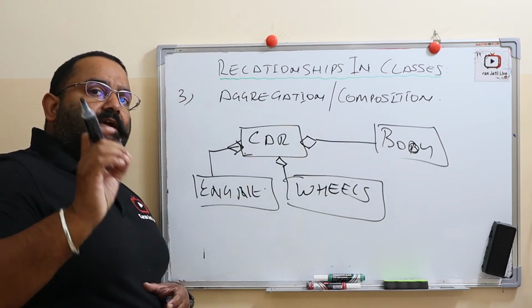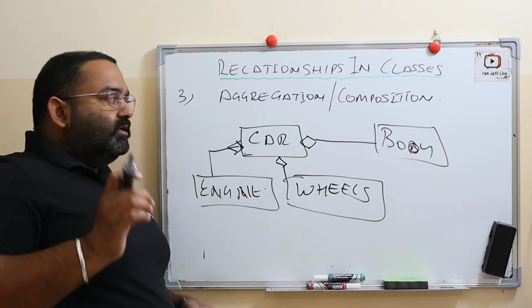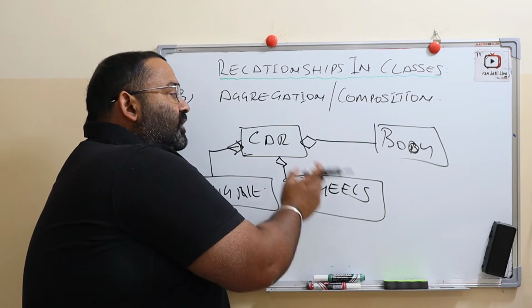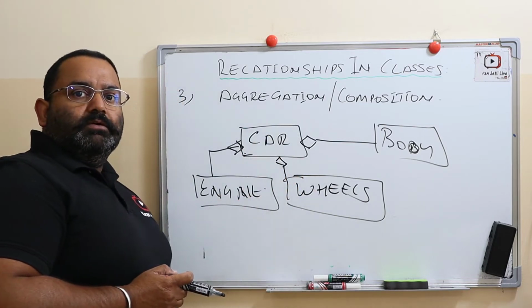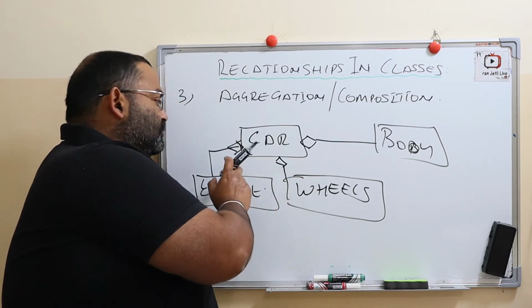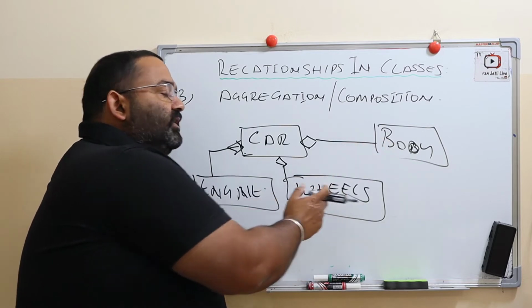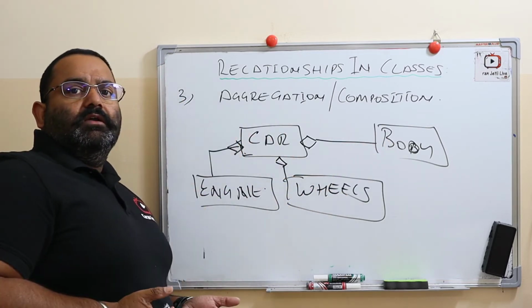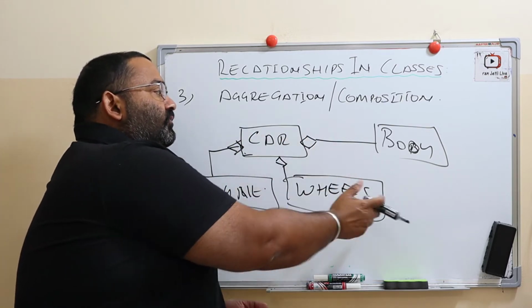And guys, in aggregation what can we do? If we want, we can replace one part with another part. It means if a car is an aggregation of engine, wheels and body, we can change the wheels of the car without affecting the car. We can change any part of it.